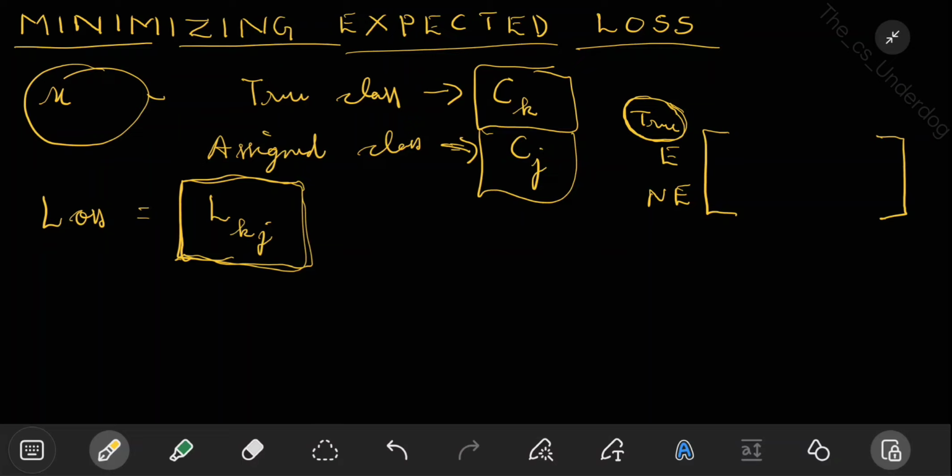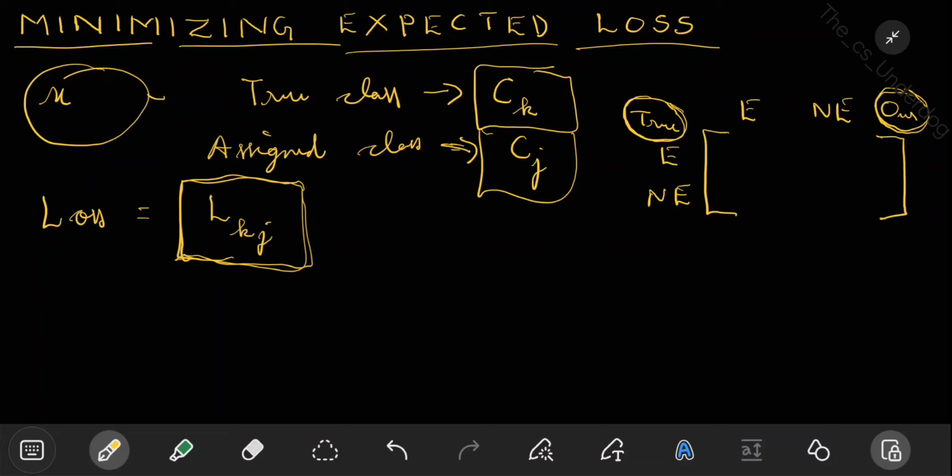And here I'll put the assigned class, or I'll simply write our class. Okay, our class is on this axis. Here you have enemy and not enemy. So both these are the classes we have assigned. That is what I have marked as our. These two are the true classes. Okay, this enemy, not enemy, these are the true classes. This enemy and not enemy, these are what we have assigned.